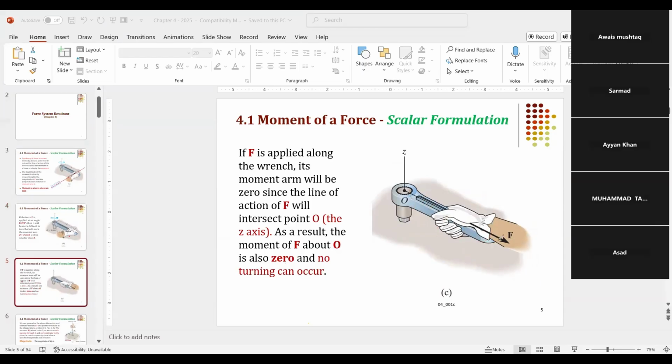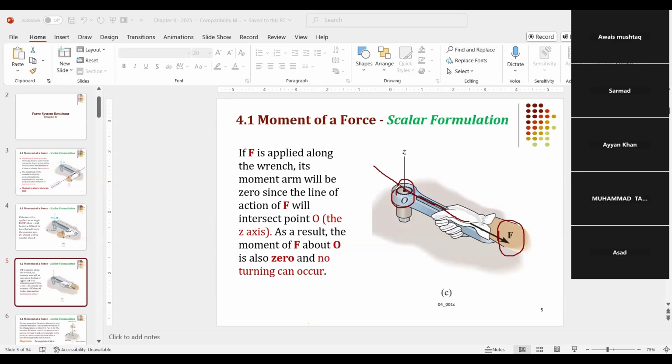You see that the force which we are applying right here, F, its line of action, this line of action right here, is passing through point O. In other words, point O is on the line of action of the force.